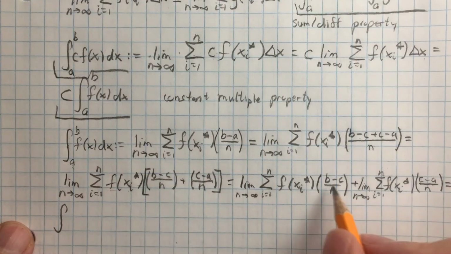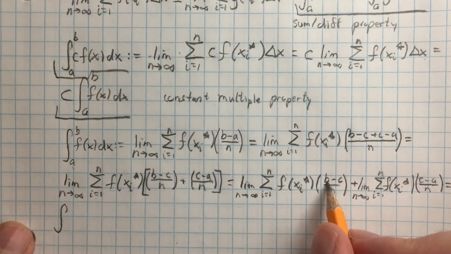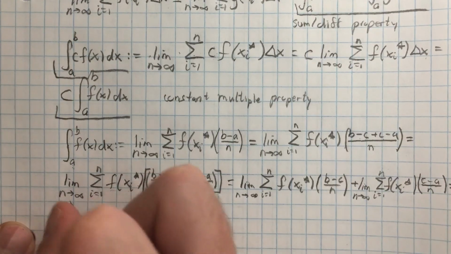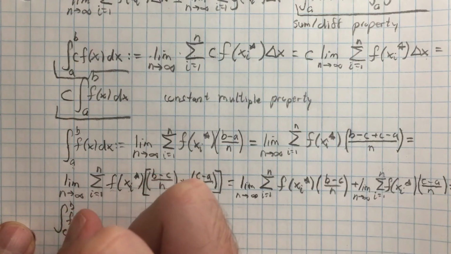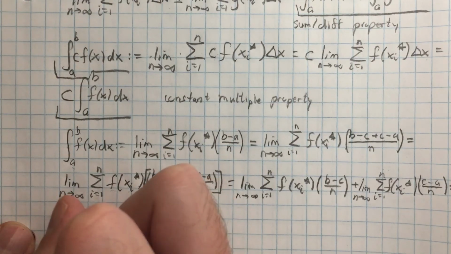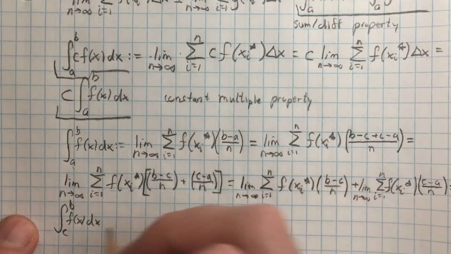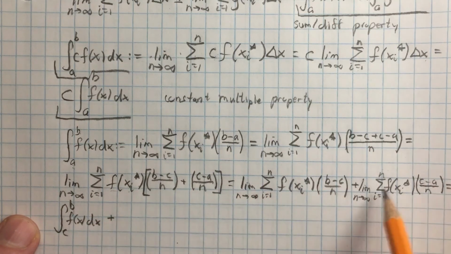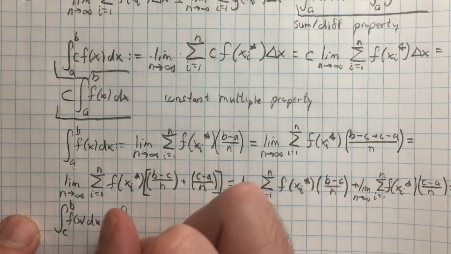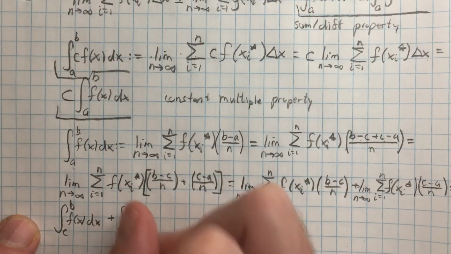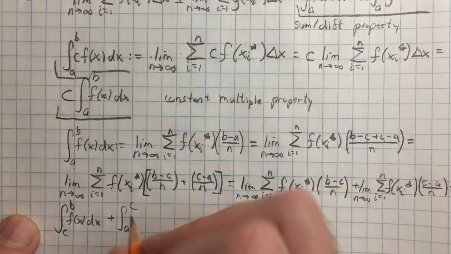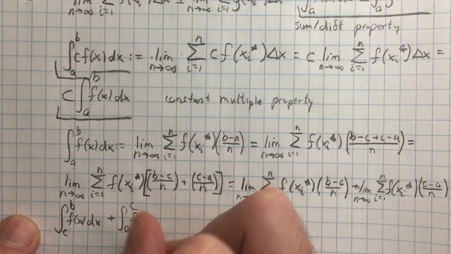First one is, again, c to b, the integral from c to b of f of x dx, plus, there's a plus right there, the integral from a to c of f of x dx.